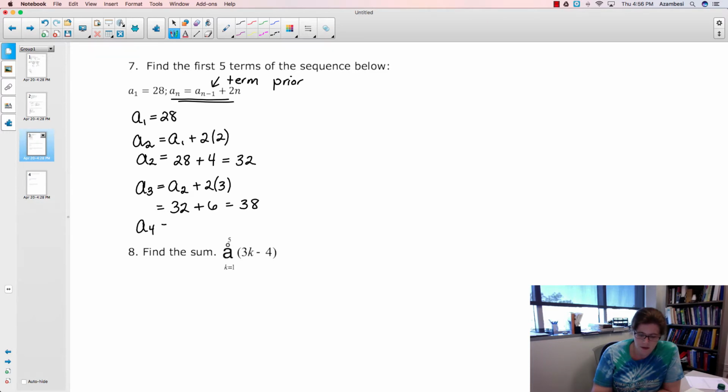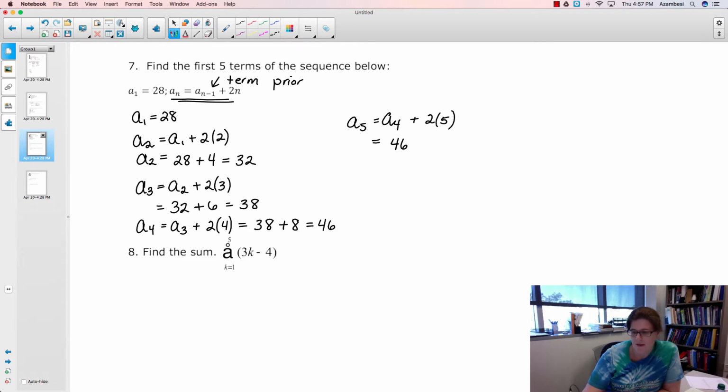A4 would be A3 plus 2 times 4, 38 plus 8 gives me 46, and A5, A4 plus 2 times 5, which gives me 46 plus 10, or 56.